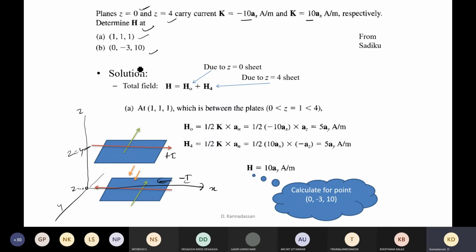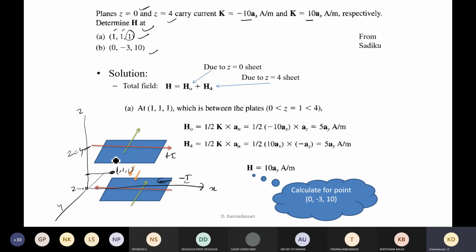And we have to calculate at this particular point. We can easily see that it is 1, 1, and z equal to 1, which is going to be somewhere in between. Let's say this particular point. This is (1, 1, 1).